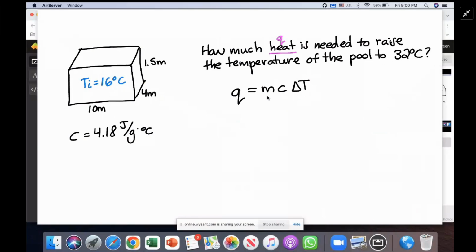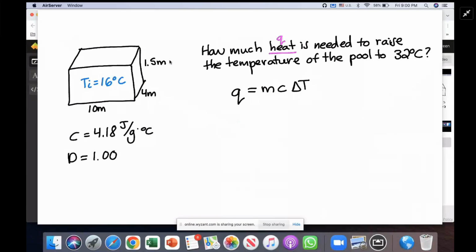Let's go back to the mass. We need the mass of water, but we have the volume. Well, wait a minute. We also know it's water, and water has a really simple density, right? The density of water is something that you can also look up, but many of you probably have this in your head.